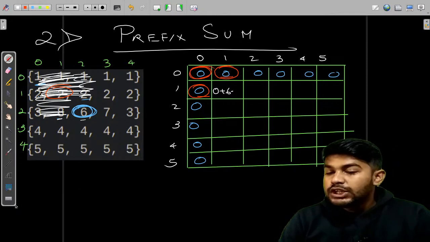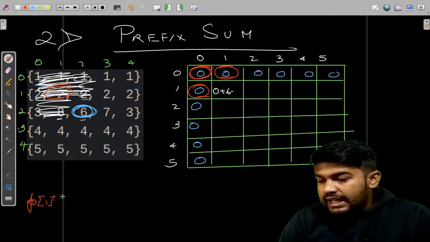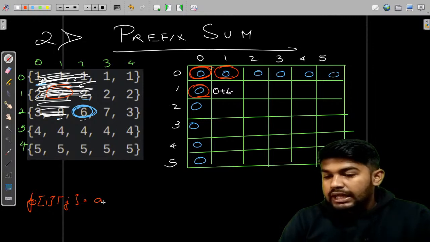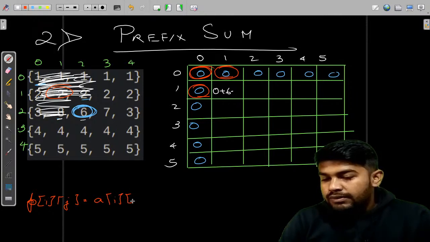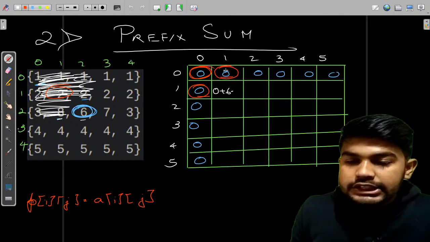Okay, so we can say that prefix of i, j is equal to a of i, j. Let me write it clearly. Or let us just observe this. So we are adding this part.